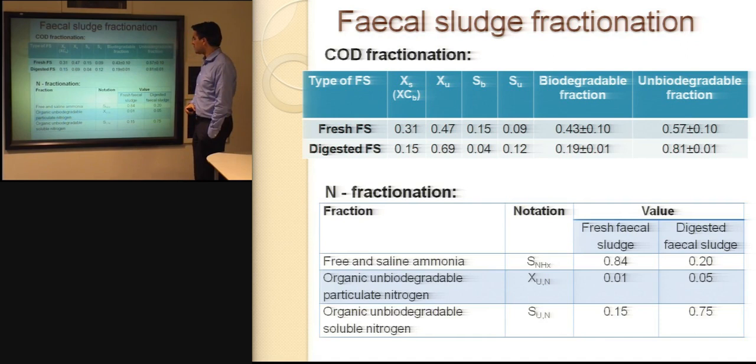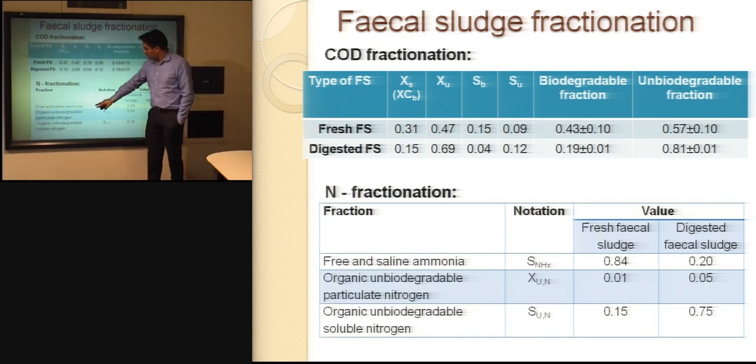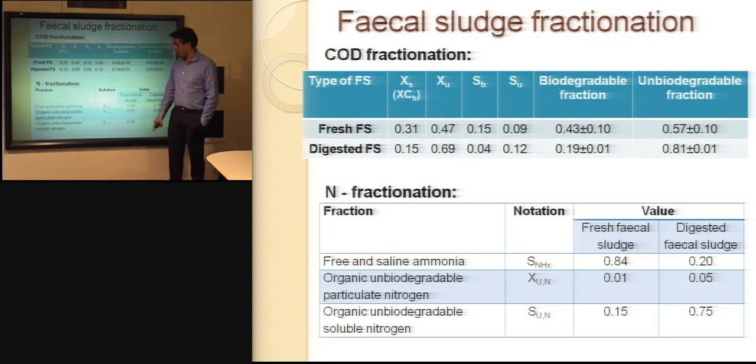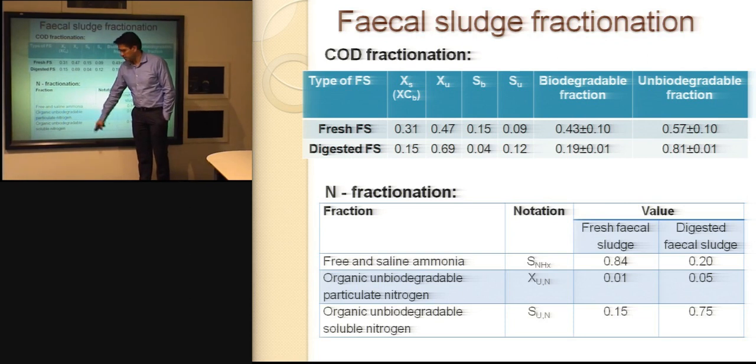If we look at the fractionation of the nitrogenous compounds, following a similar approach, we can write down, for example, the fractions that are composed by free and saline ammonia, the fractions that are composed by organic, non-degradable, or in this case, unbiodegradable particulate nitrogen, and the parts that are present as unbiodegradable soluble nitrogen.